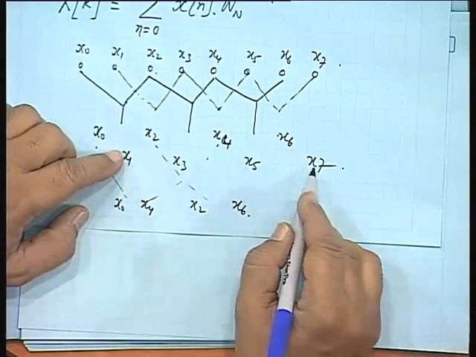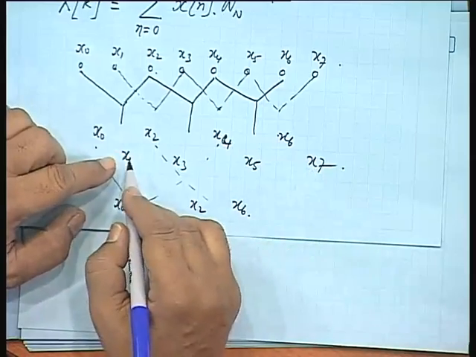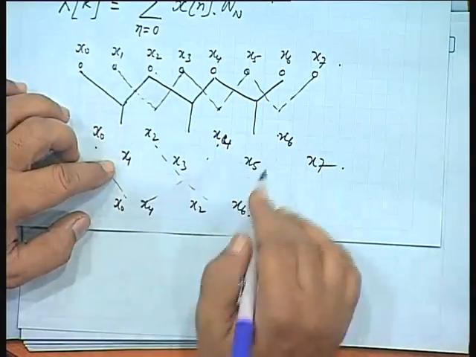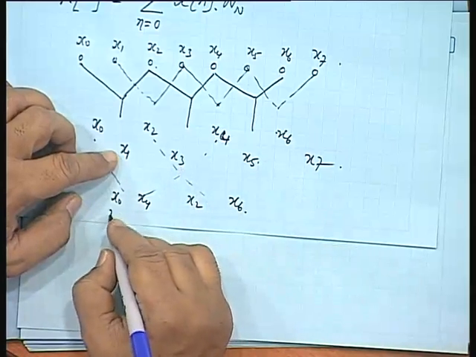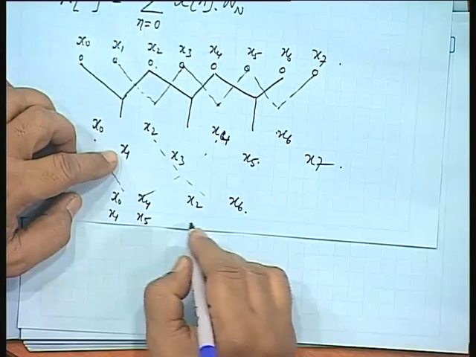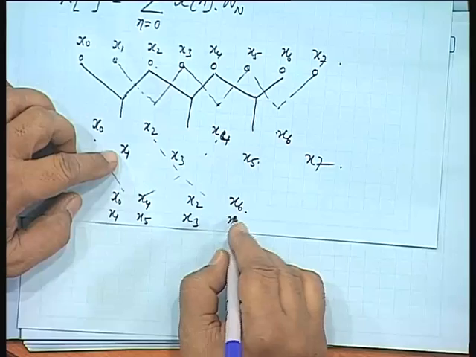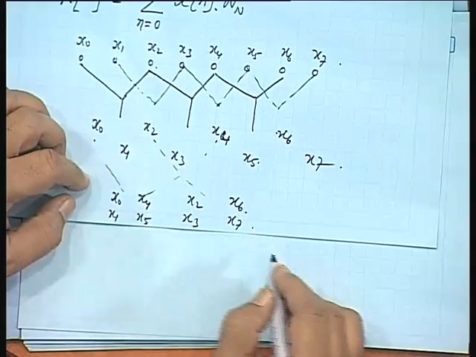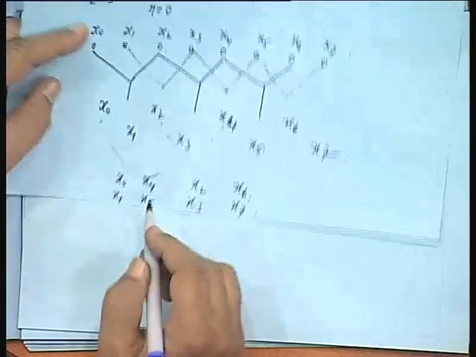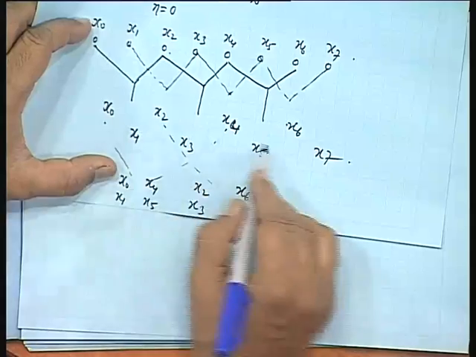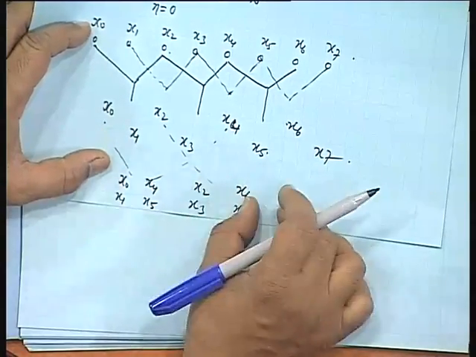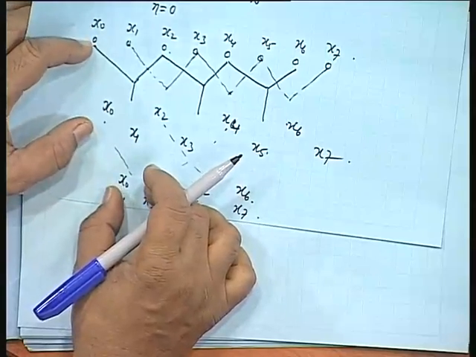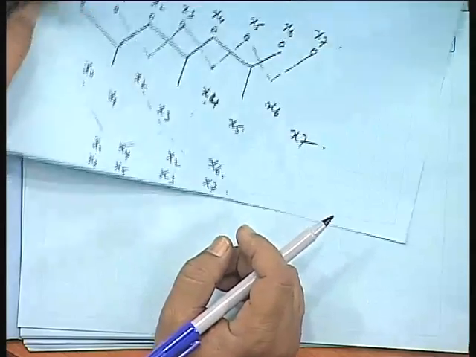Similarly, from the odd sequence, if we again segregate into alternate terms, x1, x5, x3, x7. Now, after breaking it into groups of 2 elements each, we cannot go down further. So, this will be our smallest element.